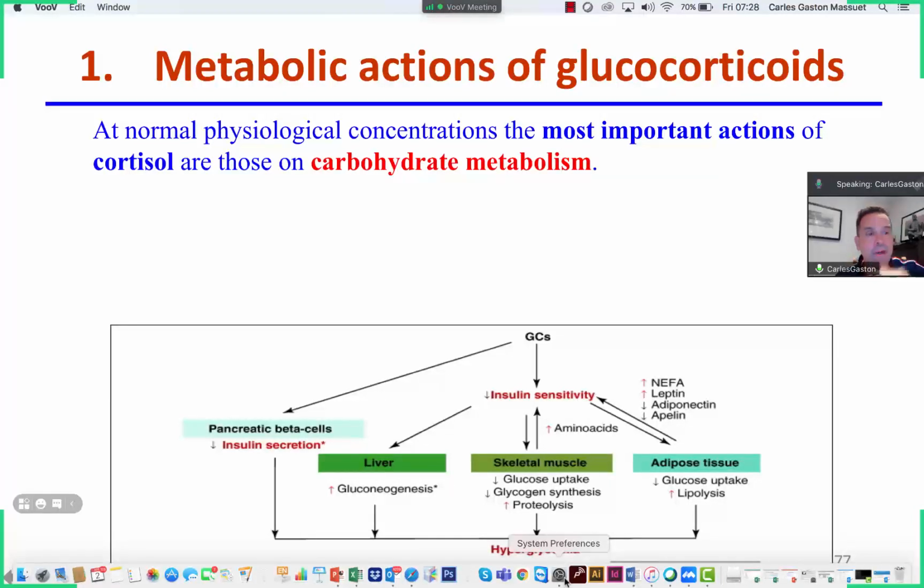Also, if you remember the pulsatile form of ACTH, in the morning you have increased ACTH, increased glucocorticoids, increased cortisol, but also increased hyperglycemia in the morning because your body needs energy to start the day, to start going to the metro, to start going to the university, to start listening to the lectures.